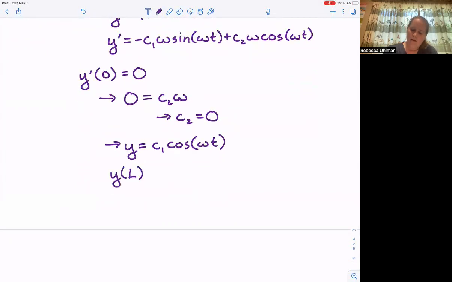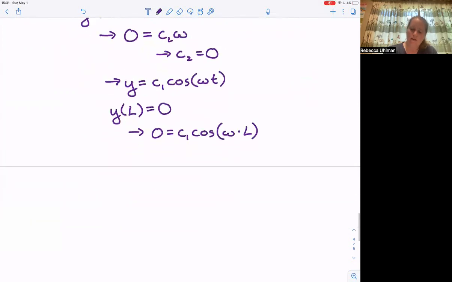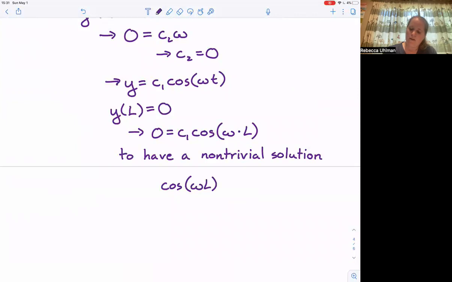Y of L equaling 0, then we have 0 is equal to C1 cosine of omega times L. So to have a non-trivial solution, we have cosine of omega L has to be equal to 0.